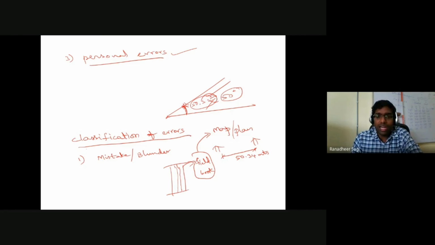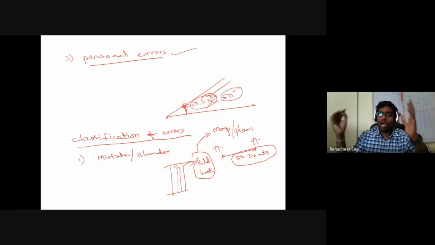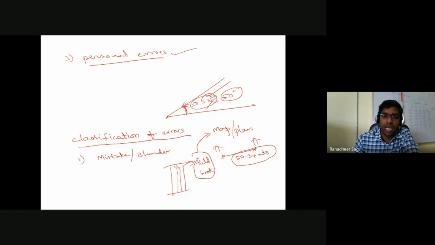So while measuring, you have measured the distance between those two houses accurately in the field, which is 50.34 meters. But while noting it down in your field book, instead of 50.34 meters, I have noted it as 15.34 meters.